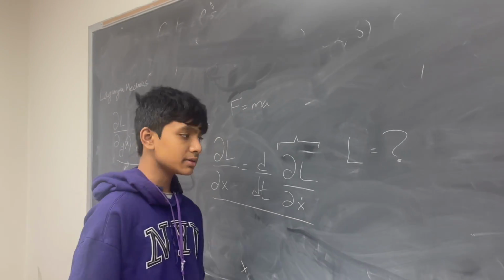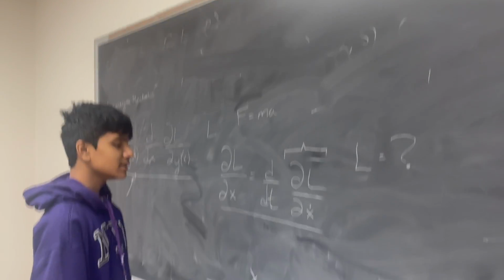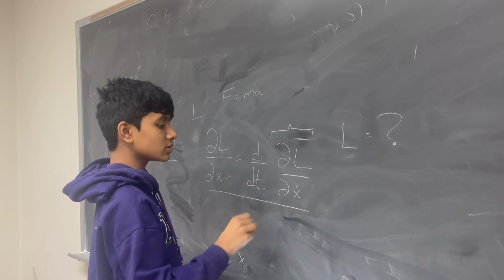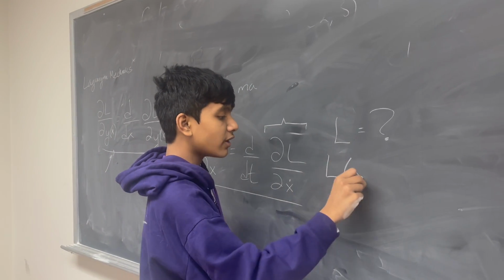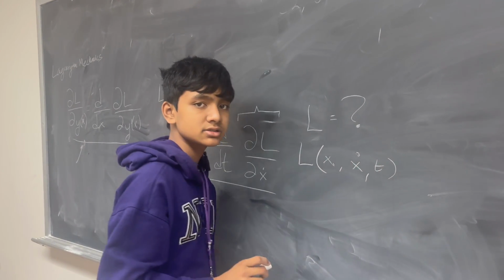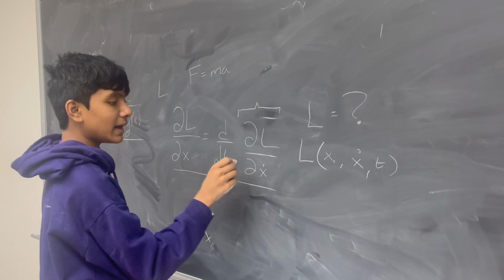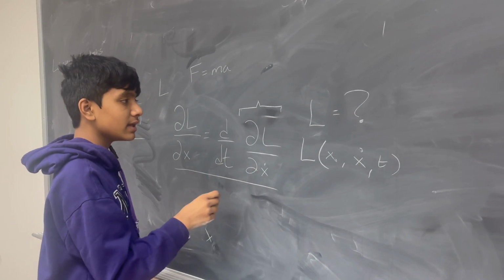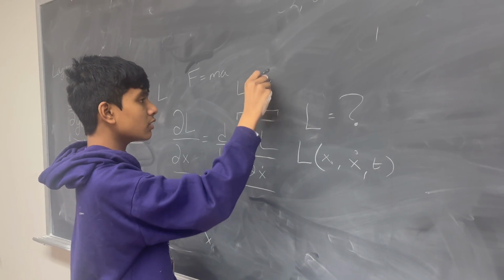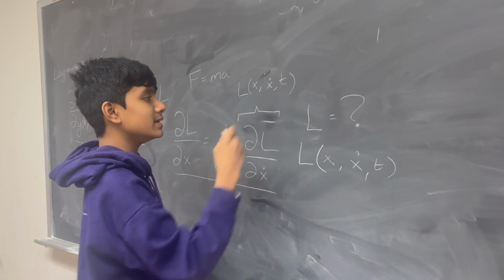We can do a little bit of dimensional analysis, but let's just get into it ourselves. Partial L, partial x dot. L is a function of x dot and t always, nothing else. So when we take this derivative, it will still be a function of x dot and t.